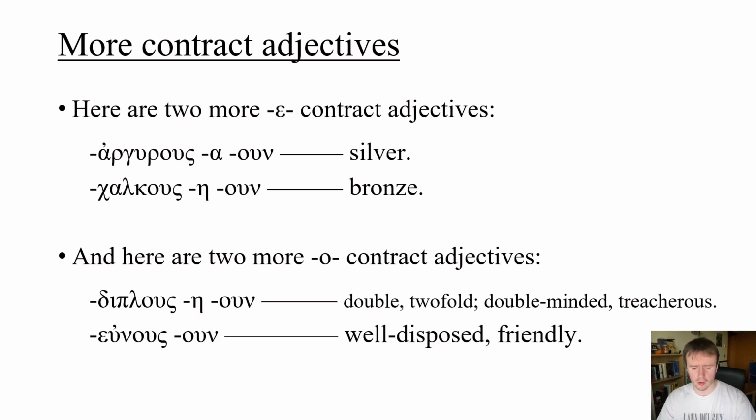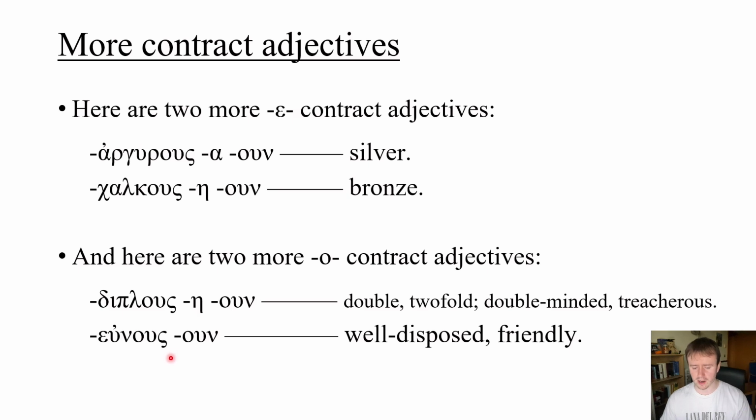Secondly, we have the omicron contract adjective eunous, meaning well-disposed or friendly. This is a compound adjective, and as we might expect because of that, it is two-termination, meaning that we have just one set of forms to go with masculine or feminine nouns, and a second set of forms to go with neuter nouns.